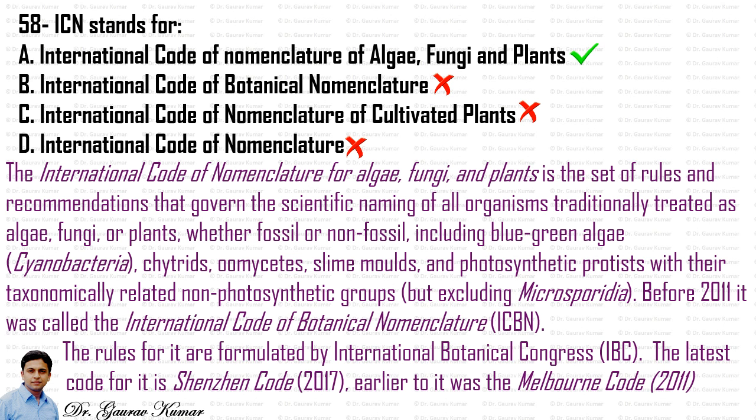Before 2011, it was called the International Code of Botanical Nomenclature. The rules for it are formulated by the International Botanical Congress. The latest code for it was the Shenzhen Code 2017, where the recent meeting of the IBC was held, and prior to that it was the Melbourne Code in 2011.